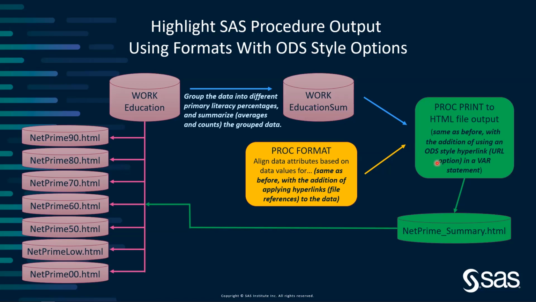I'm going to create a hyperlink from that summary report so that I can simply click on the report for one of those groups, and it will take me back to the detailed report for that group and display the detail.